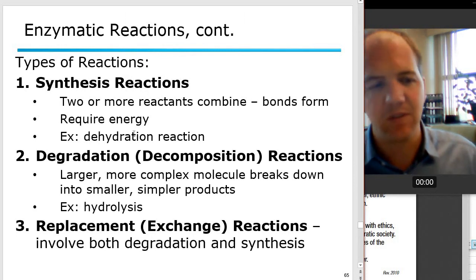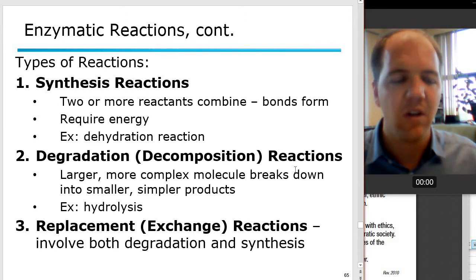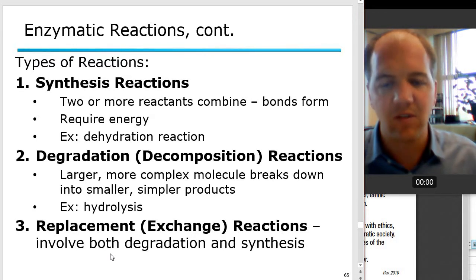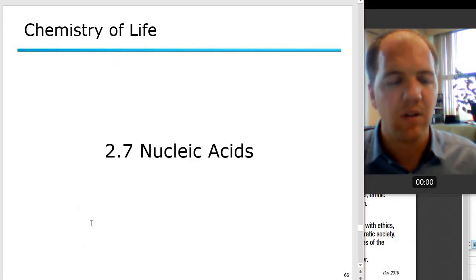Dehydration is an example of a synthesis reaction. Then we have degradation or decomposition reactions, where things are breaking down into smaller molecules, and hydrolysis is an example of a degradation. We also have what's called a replacement reaction, so there's degradation and synthesis. You're breaking down and building up at the same time. It's a combination of the two.